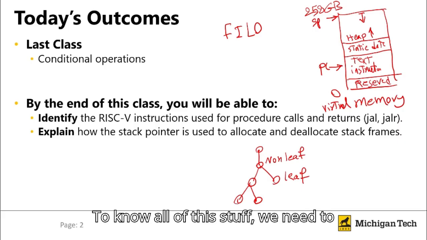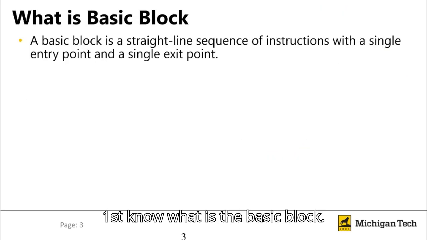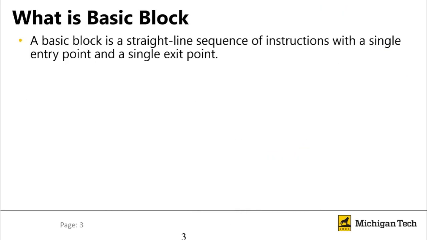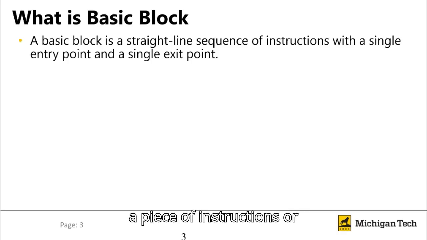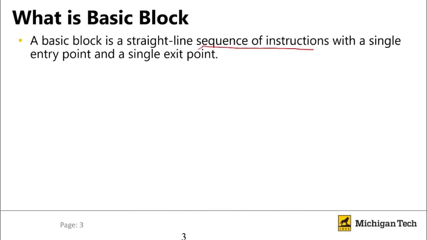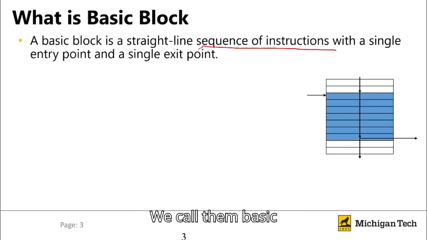To know all of this stuff, we need to first know what a basic block is. When we are dealing with coding, we always need to consider a piece of instructions, or sequence of instructions, that we call a basic block. A basic block is a sequence of instructions that has just one single entry point, that is the top, and one exit point.